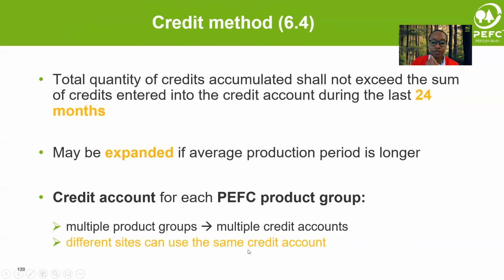You need to have a credit account for each product group. So if you have multiple product groups in your company or organization, then you'll have multiple credit accounts for the specific product groups. Also, if you have different sites that have the same product group, they can use the same credit account.